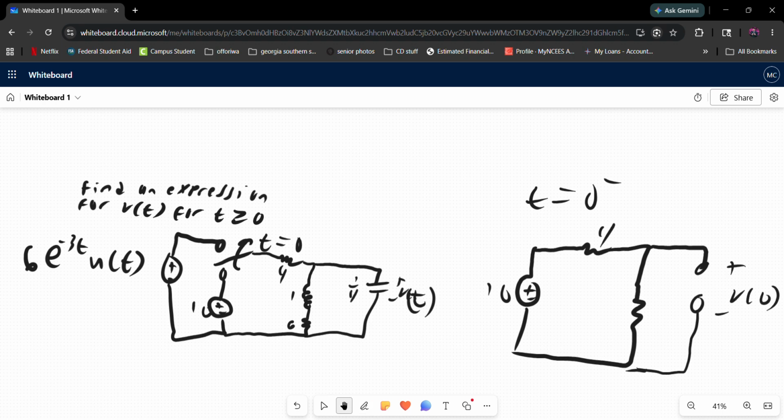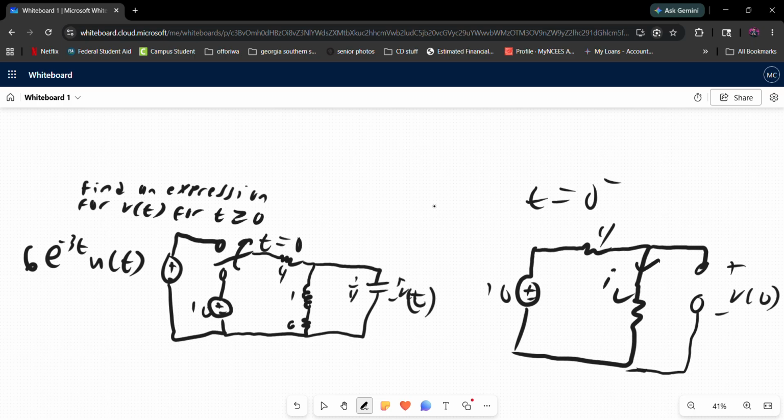Now, capacitor voltages don't jump between switching because they have to conserve energy. We're also going to find the current of the inductor at t equals 0 because its current doesn't jump either, though the voltage can jump.